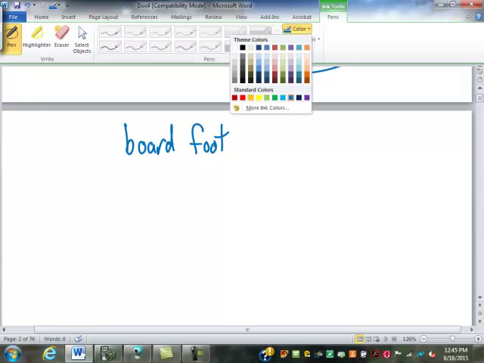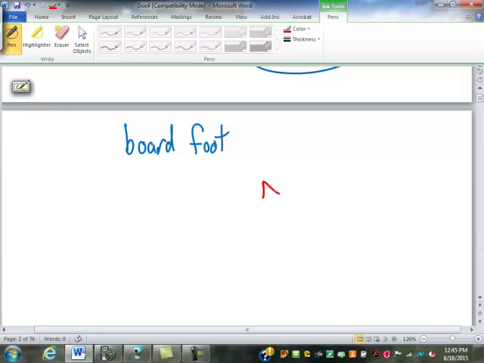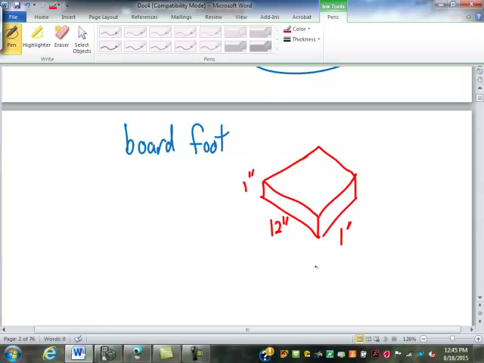A board foot is just a unit. If you have a piece of lumber that is 1 inch thick and 12 inches in width, a board foot is 1 foot of length. In other words, 12 inches of length.